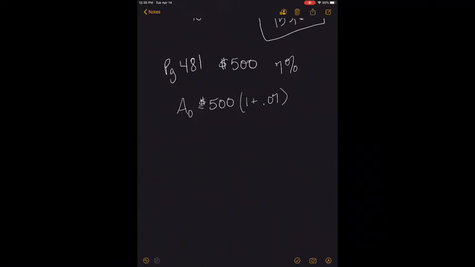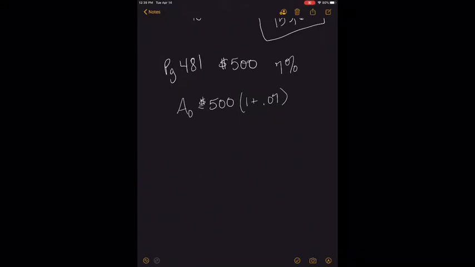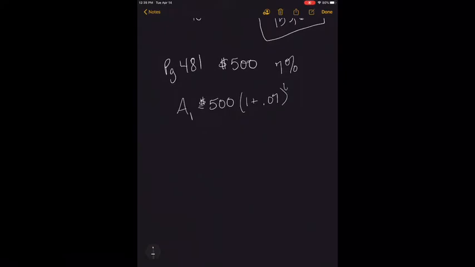What we want to find is the interest plus 500. And so this actually should say a sub 1, because that's what I've written. So after 1 year, it would look like that, because he's had 1 year of interest.